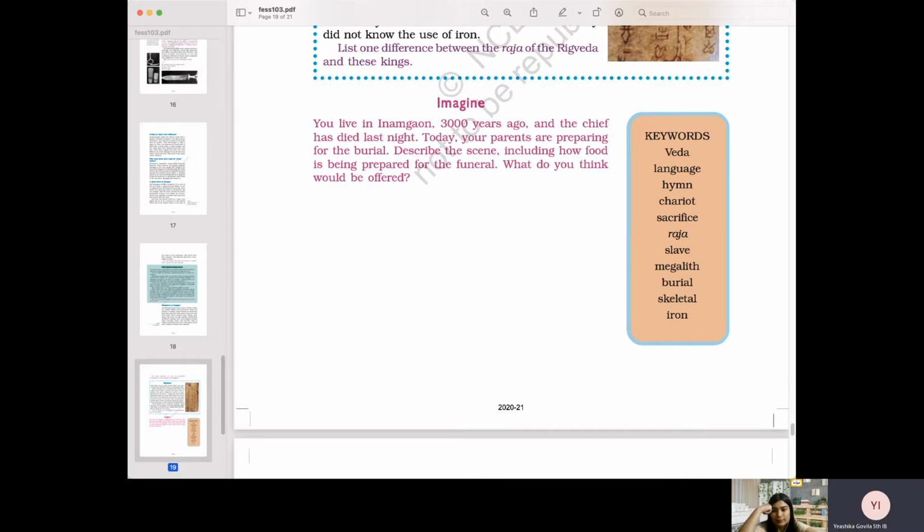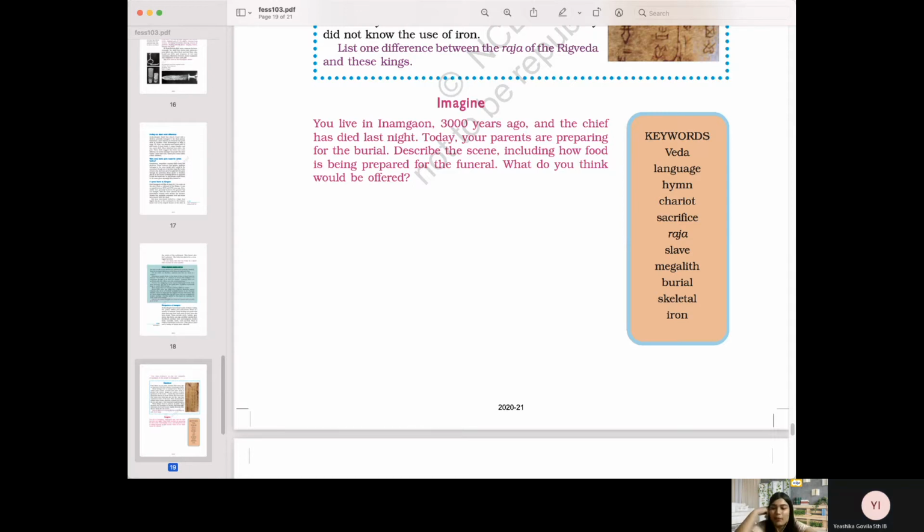Neolithic, Paleolithic. So what was lith? Ages, Stone Age. Yes.